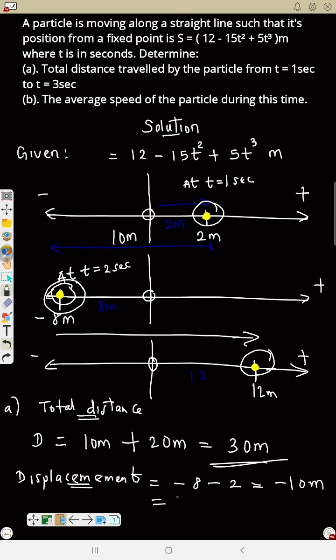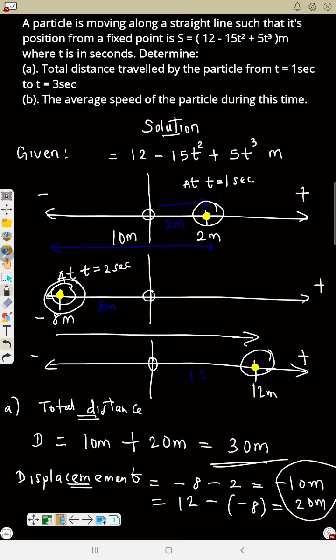So the shortest distance there will be, sorry, final position 12 meter, minus then initial, that is -8. 12 plus 8, this will be 20 meter.